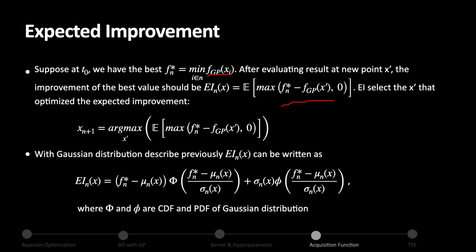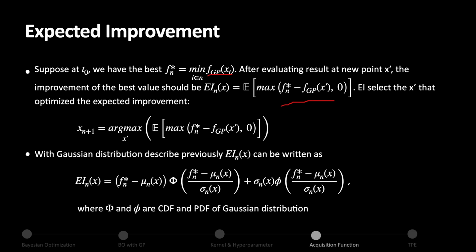It means that if the newly evaluated f_GP of x prime is smaller than our current best fn star, then the improvement will be fn star minus f_GP of x prime.